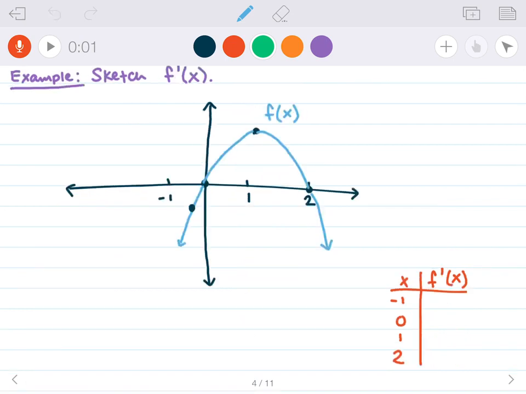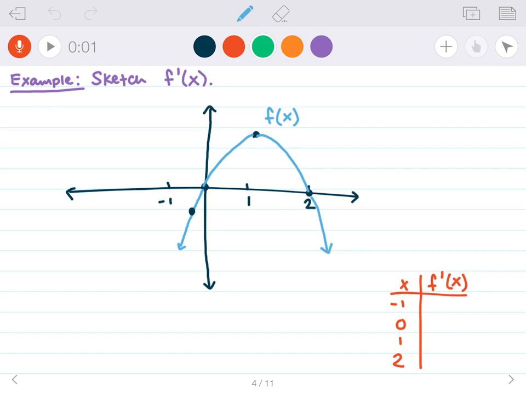Okay, what if we had something like this? We have a parabola-looking thing, and we want to sketch the derivative. Well, again, we're looking at the slope of the tangent line at each of the x values. So, for example, this could be x equals -1/2. There's my slope.